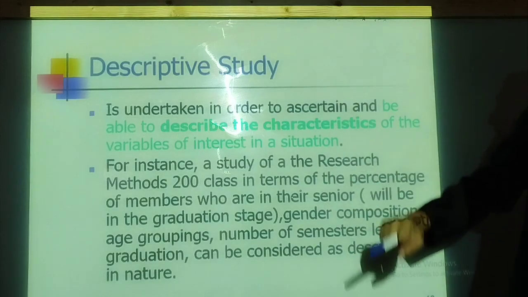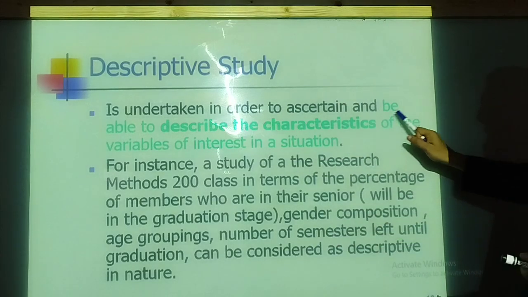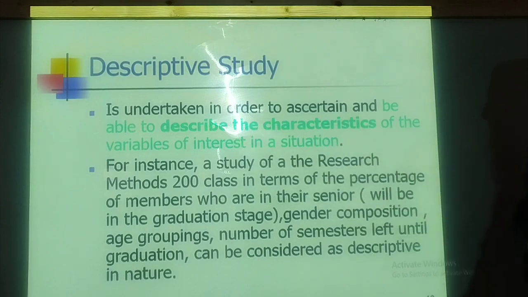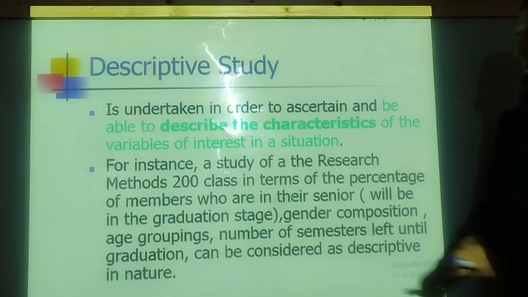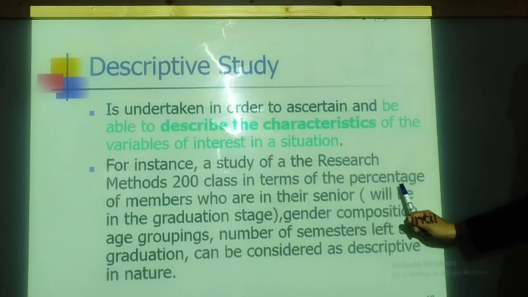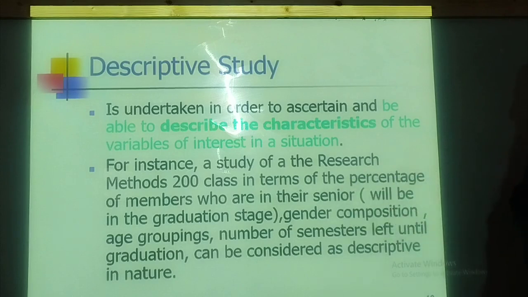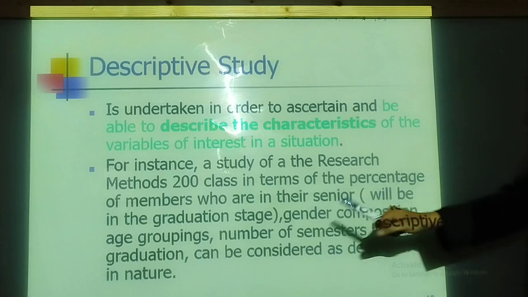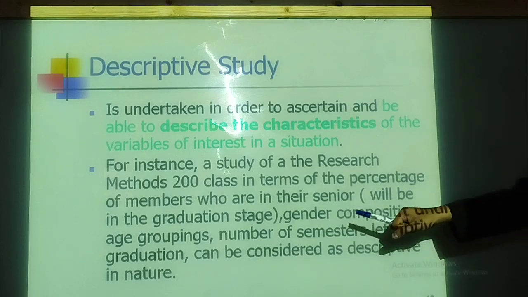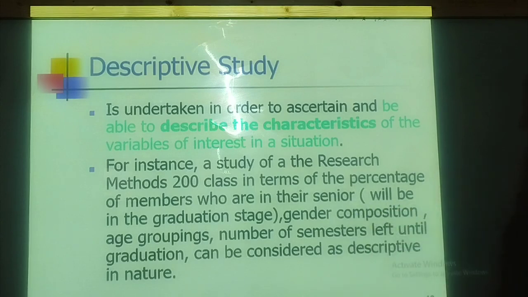Okay, a descriptive study is undertaken in order to ascertain and describe the characteristics of the variables of interest in a situation. For instance, a study of the research method 200 class in terms of the percentage of members who are seniors, gender composition, age grouping, and number of semesters left until graduation can be considered descriptive in nature.